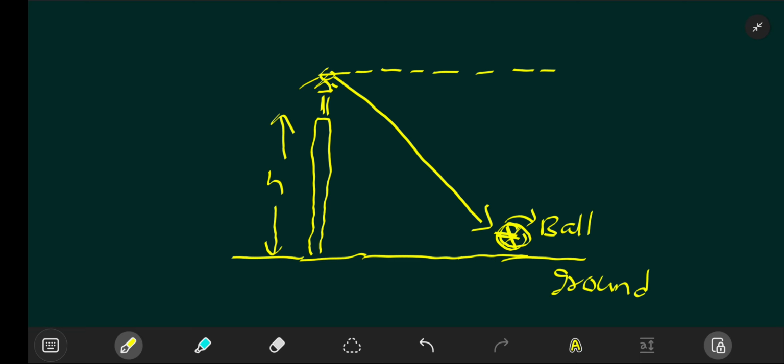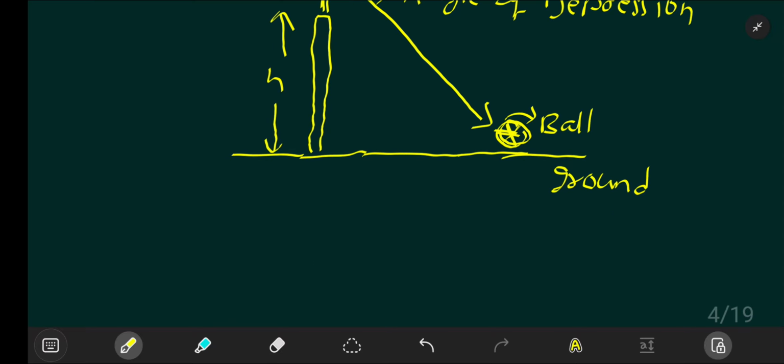The angle made by the line of sight with the horizontal is called angle of depression.